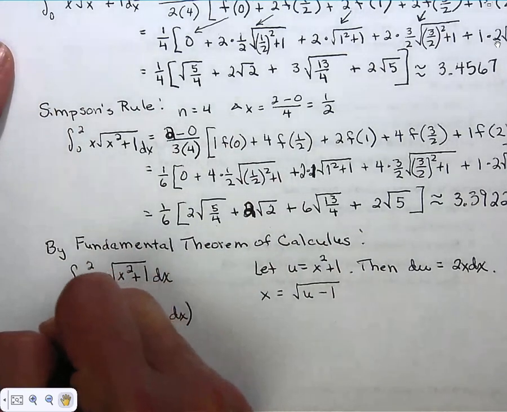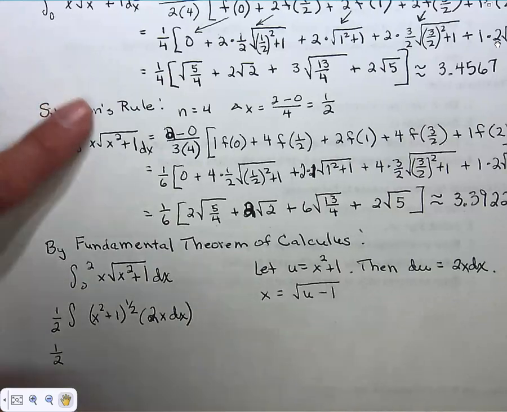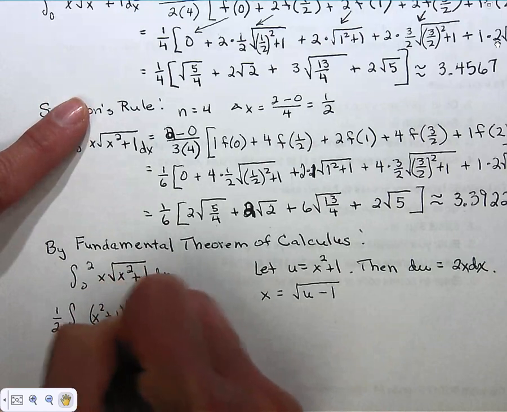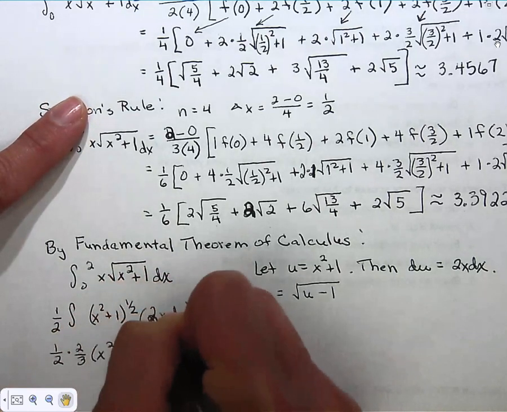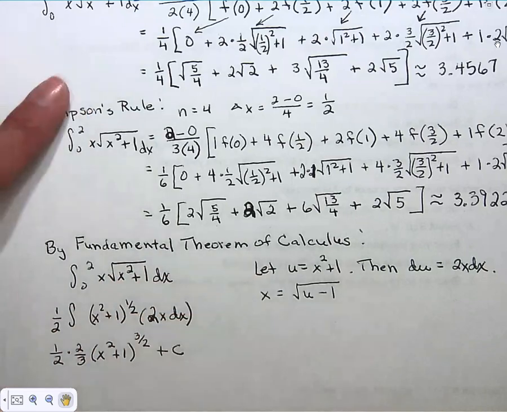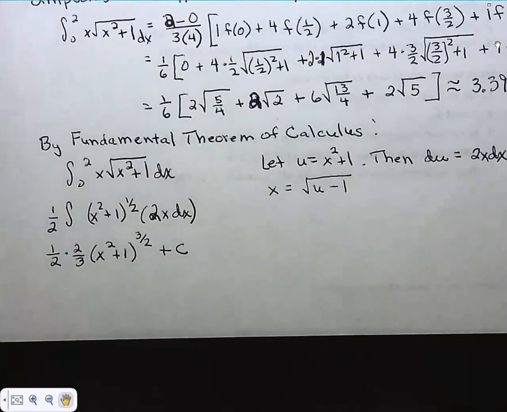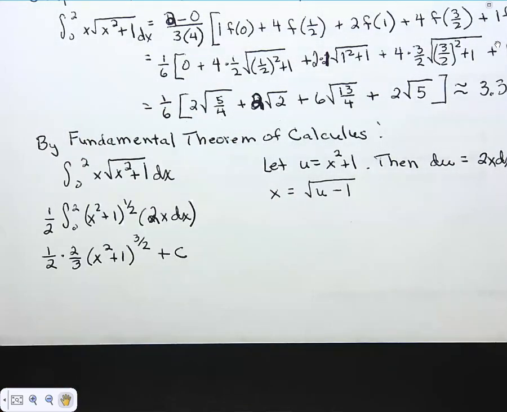All right, what's the antiderivative of ugly to the 1/2? Plus a constant. You know what? I don't even have to have plus a constant because this is a definite integral.